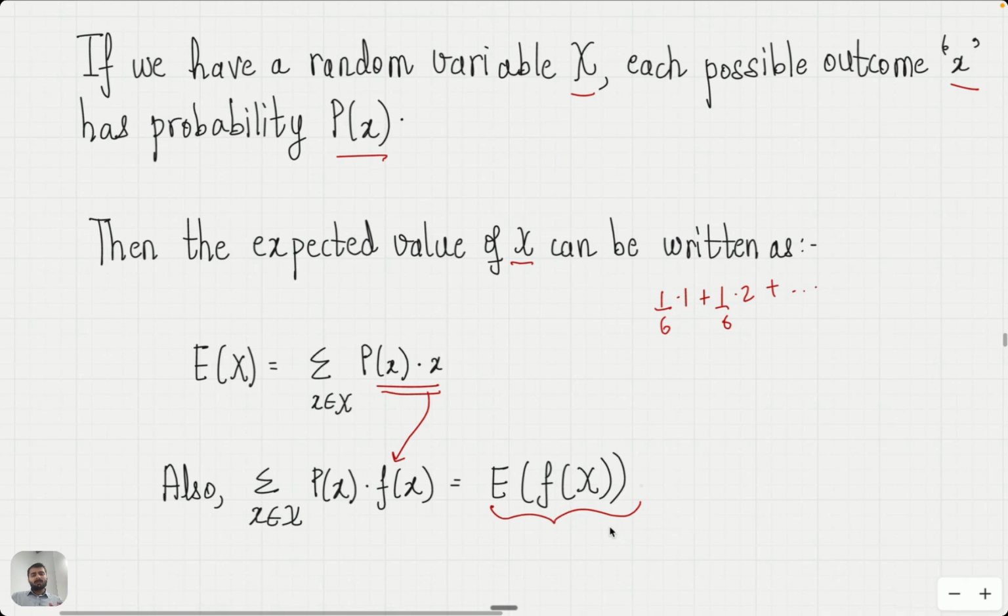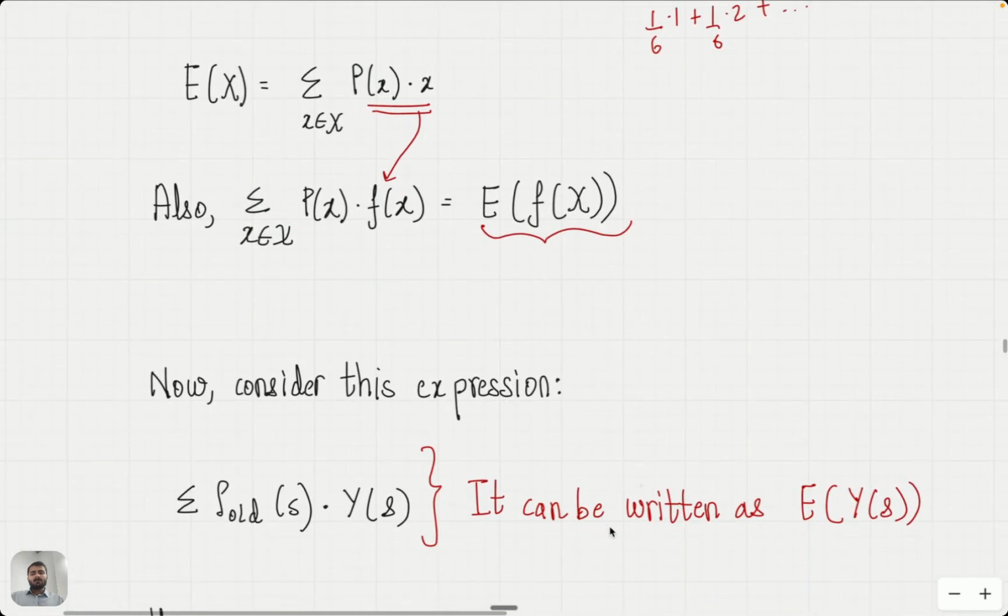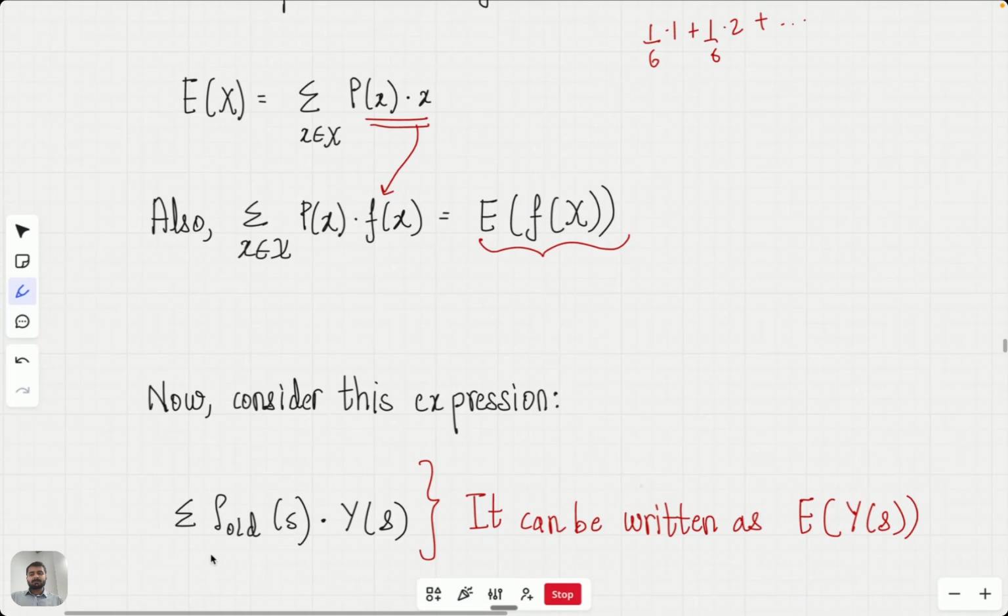Essentially, you take the function and you multiply it by the probability of the random variable itself. So p of x times f of x. Now, if you consider this expression, rho old of s into y of s.